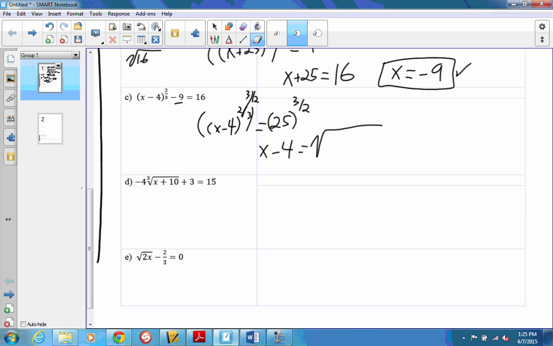What's 25 cubed? 625. That helps. 5 cubed is not 625, it's 125. No, it's 25 cubed. Oh, it's a big number.